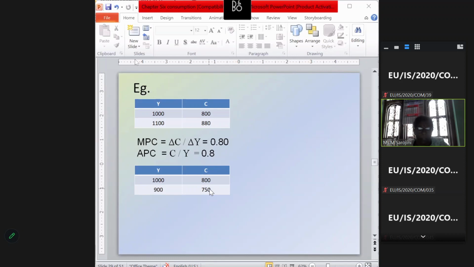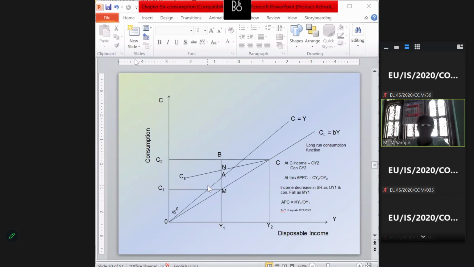What does the demonstration effect explain? When income decreases, consumption decreases by less than proportionately. But at that time, APC increases and MPC decreases. Further, we can explain the ratchet effect using this diagram as well.